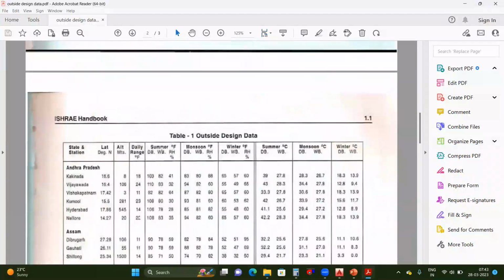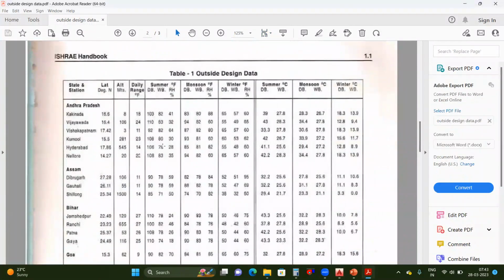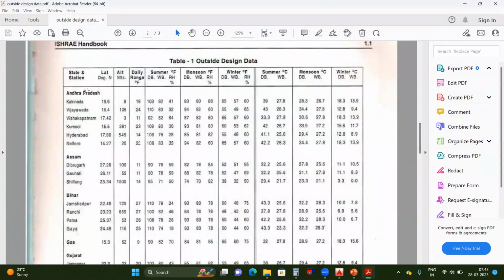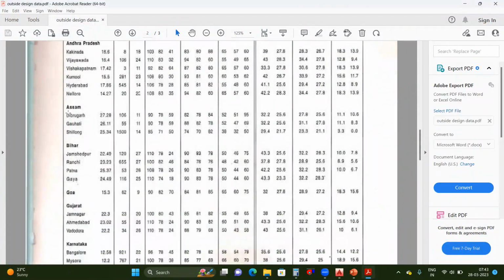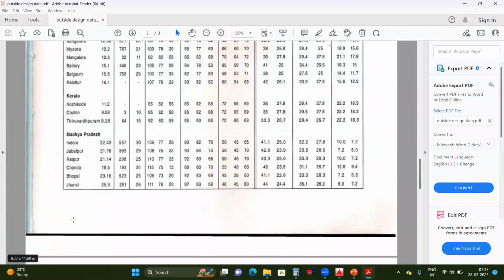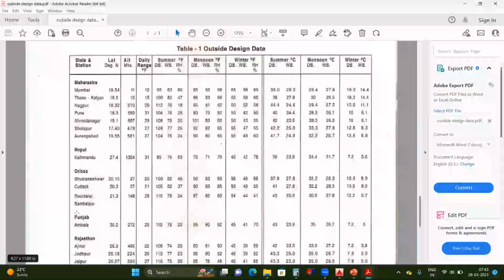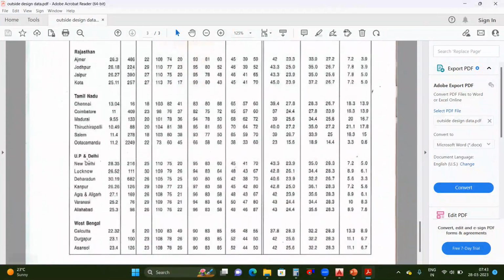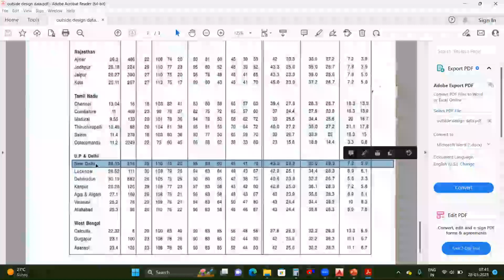So this is Table 1, outside design data. Here we have the state and stations. First we will see the state. Which state is it? New Delhi. So UP and Delhi. Here you can see the New Delhi values.